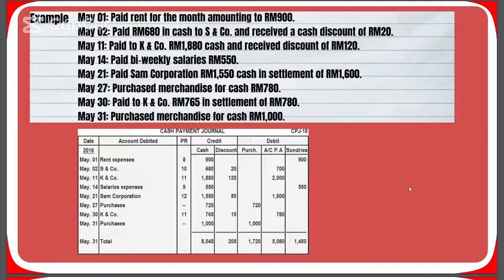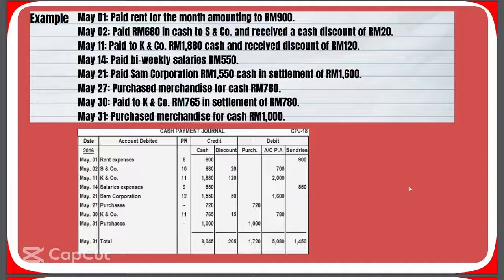Okay, second, 3 May, SNCO, you write account debit SNCO, you write amount 660 ringgit at credit, and you write discount 20 ringgit at credit too, and you write total amount 700 at debit.